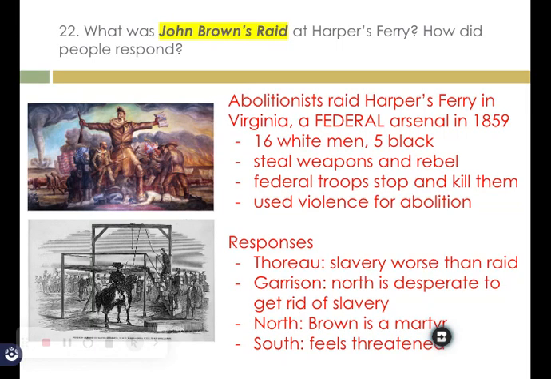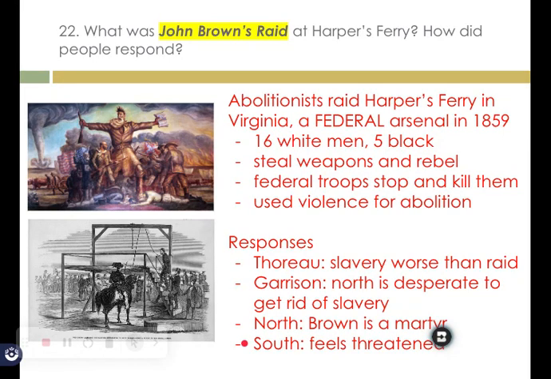Now, Northerners in general are going to view John Brown as a martyr, and Southerners start to feel offended by that and very threatened, that Northerners are even seeing John Brown as a hero. Because if Northerners view John Brown as a hero and condone what he did, maybe there is a potential for this to happen again.